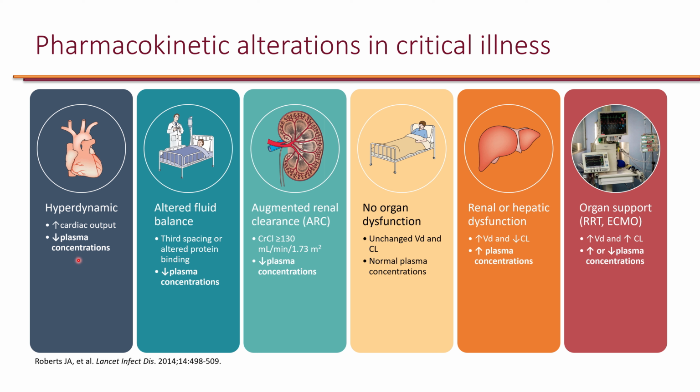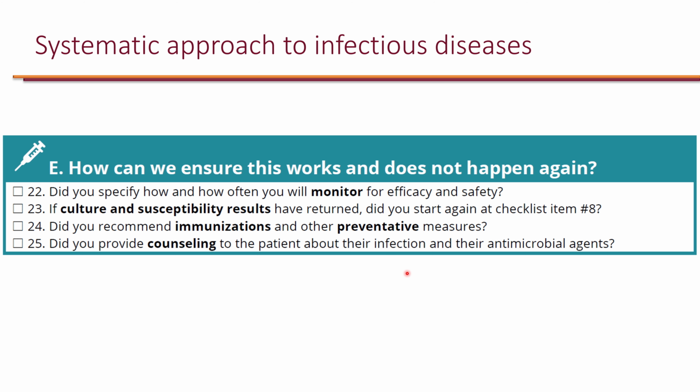But when available, the best thing to do is to measure plasma concentration and see if it's decreased or increased, and make adjustments based on that. A good example is vancomycin, where we can get plasma concentrations, and based on the level, we decide whether we should increase the dose, decrease the dose, or leave it untouched.